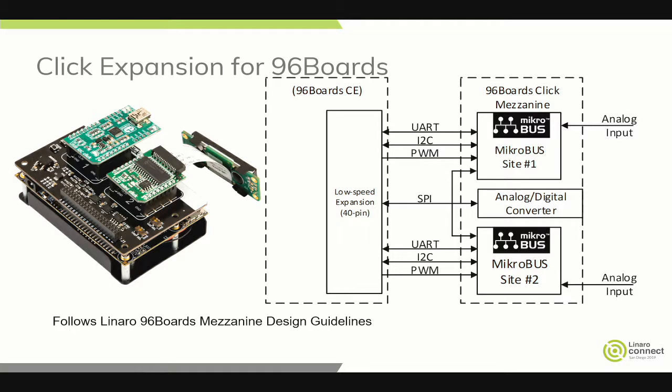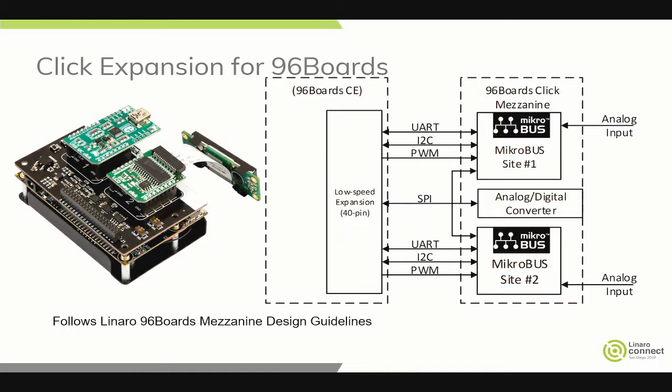All right, so let's get into what exactly is offered on this Click Mezzanine in conjunction with Ultra96 or any 96Boards consumer edition boards that are out there. First off, I just want to mention that this follows the 96Boards mezzanine design guidelines. So it is good for any consumer edition boards. It interfaces via the low speed, 40 pin expansion header that is on all the 96Boards consumer edition boards.